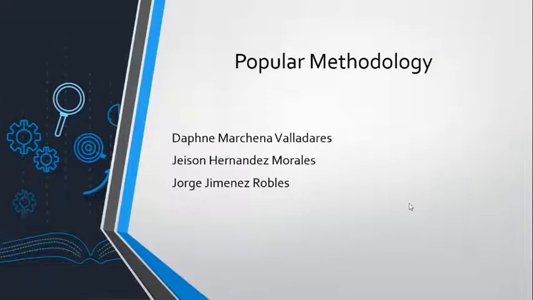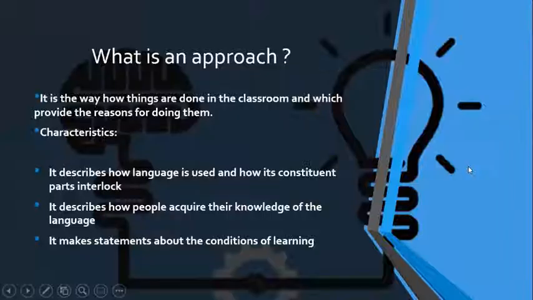Well, guys, the first definition that we have: what is an approach? An approach is the way things are done in the classroom, and it provides the reason for doing them. The approach is all the theory that teachers should know in order to apply it. There are some characteristics that we should know.